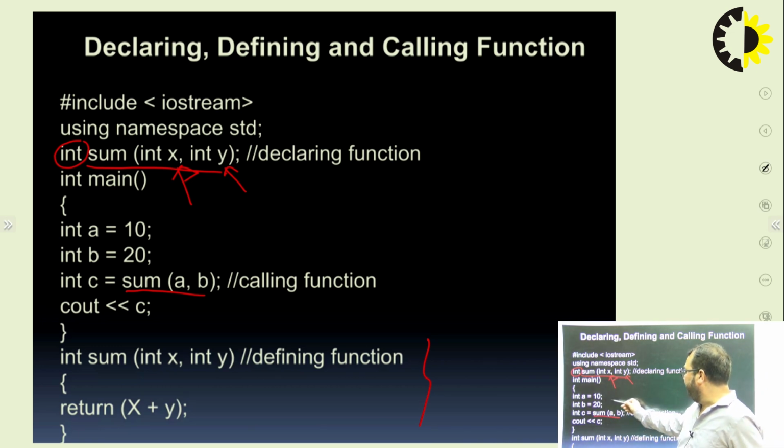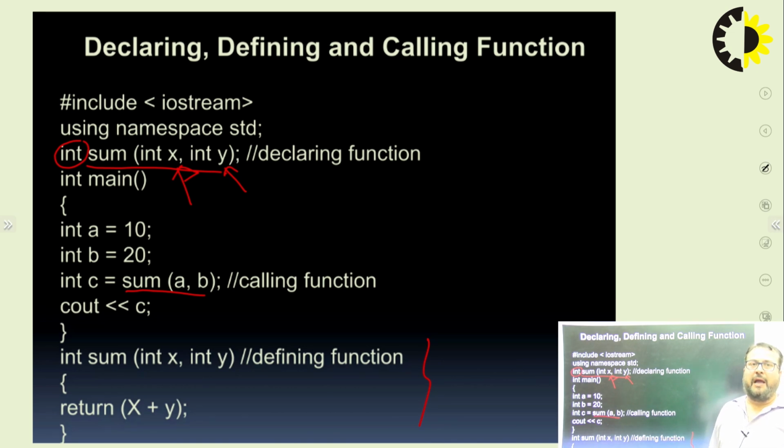The control simply finds where the definition is written, jumps there, and 10 and 20 are copied into x and y, and it returns x plus y, meaning 10 plus 20, which is 30. So basically this function is going to add two numbers, which are the arguments of the function, and the return type is integer.